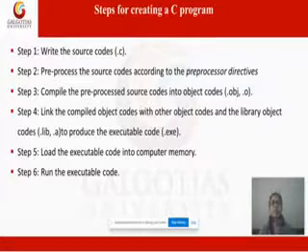Once you compile, you get an extension .obj, and then the linking happens, which enables your compiled file to get a proper environment where it can run. So that is a .exe file. Once that exe file is ready, you can load it and run it on the computer. So those are the steps.